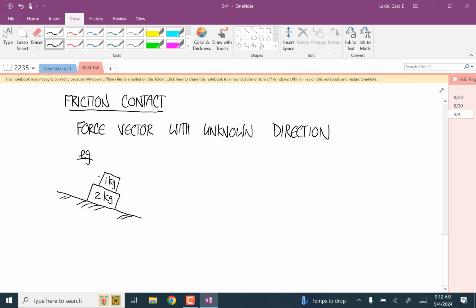And let's say there's a horizontal force here of 5 newtons, and a force parallel to the surface here of 10 newtons. Those are pretty big forces compared to those masses now that I think about it. Let's make those a little smaller, make it a little more plausible.